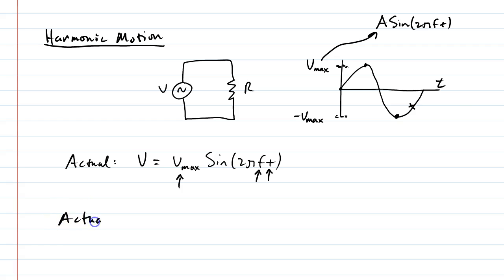Now, along with this is the actual current. Current runs along with your voltage. But remember that current is the same as voltage over resistance? Well, we're going to use that here, except we're going to substitute this instead of a regular V for DC.